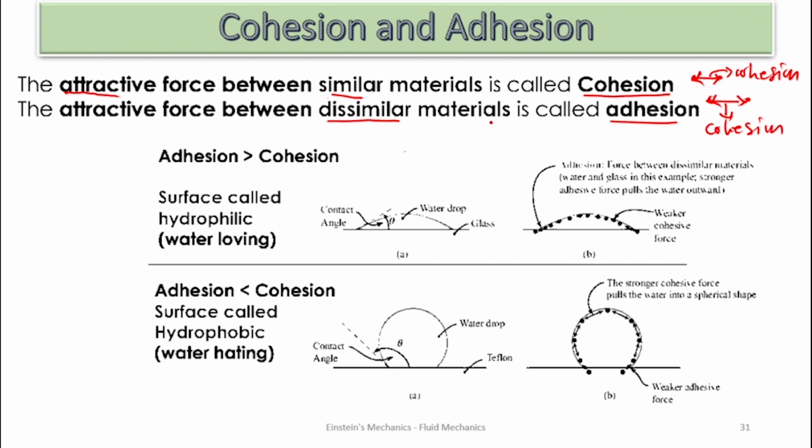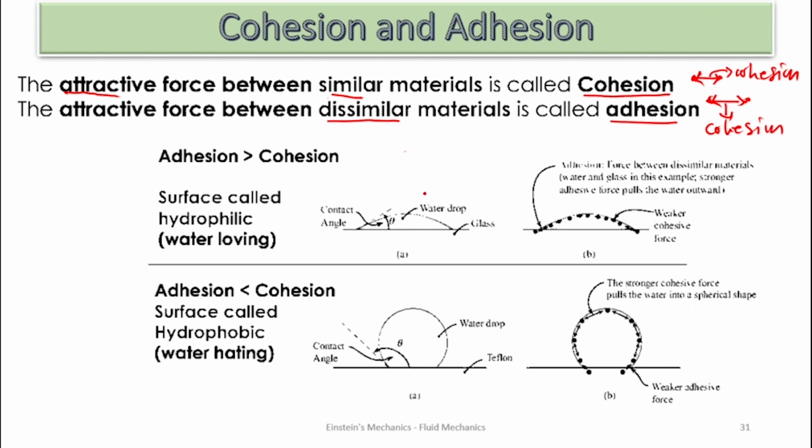So the force of attraction between similar materials is what? Cohesion. Let's assume that with human beings, there is some gravitational force between us and ourselves. Are we good? So to bring it into simple terms, there will be some cohesion between us. So when the materials are similar, then there is cohesion.